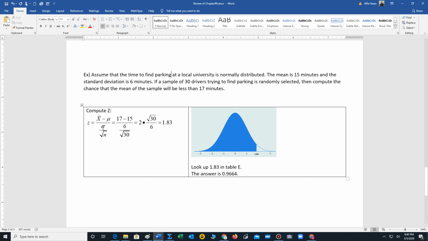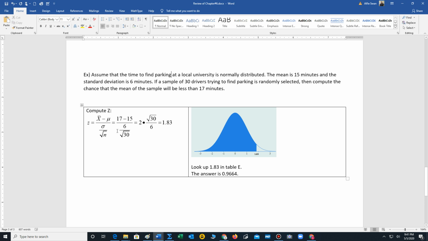So we have to use this conversion formula. X bar is the mean of the sample of 30 drivers, and that's 17 minutes. So it's 17 minus the overall mean of 15 divided by the standard deviation of 6 over the square root of the sample size of 30. Now, when we're performing the calculations, 17 minus 15, always do that first, you get 2.